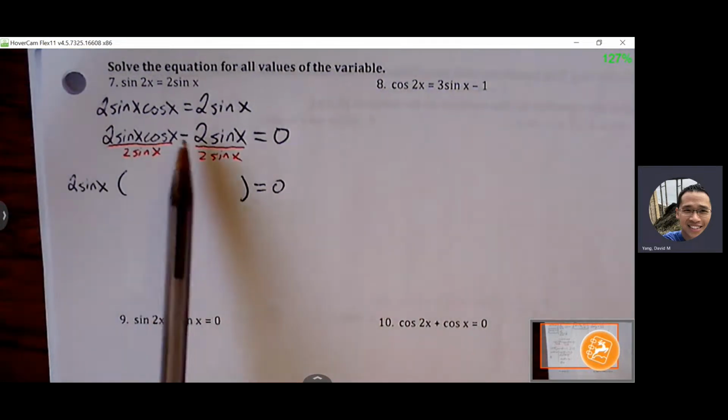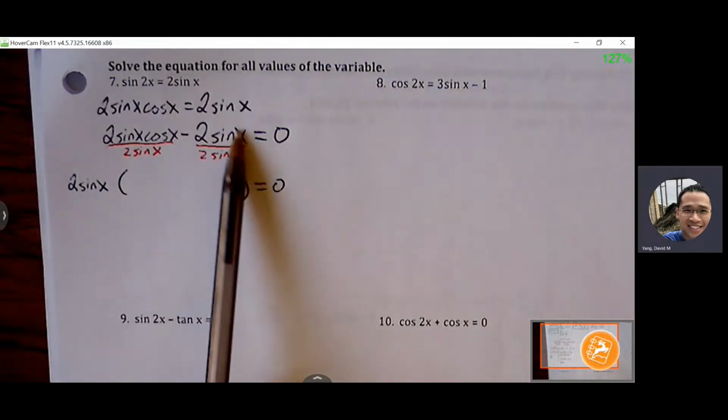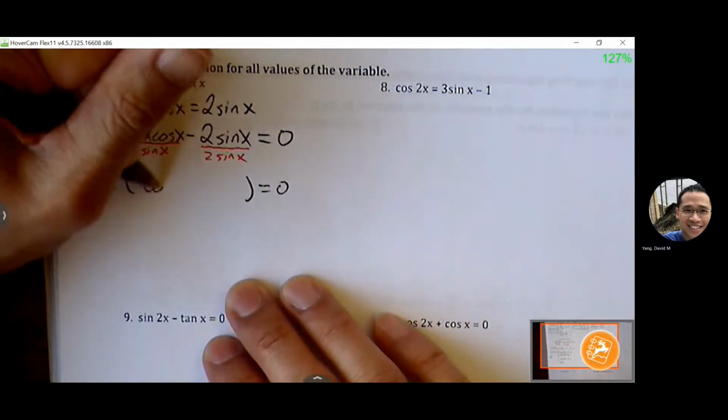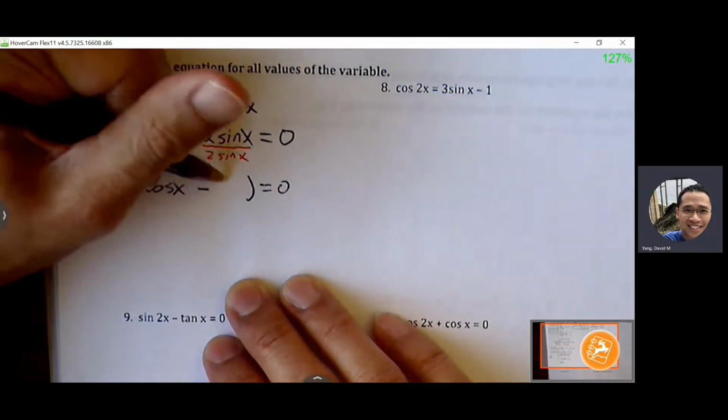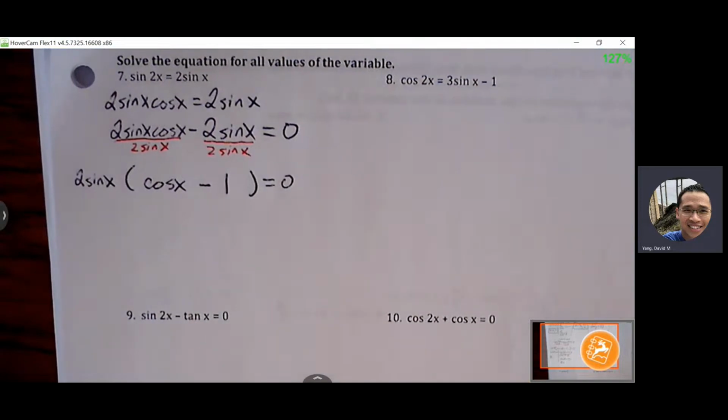All right, first term, we're left with what? Just cosine x. Second term, we're left with just, yeah. All right, set both parts equal to 0.